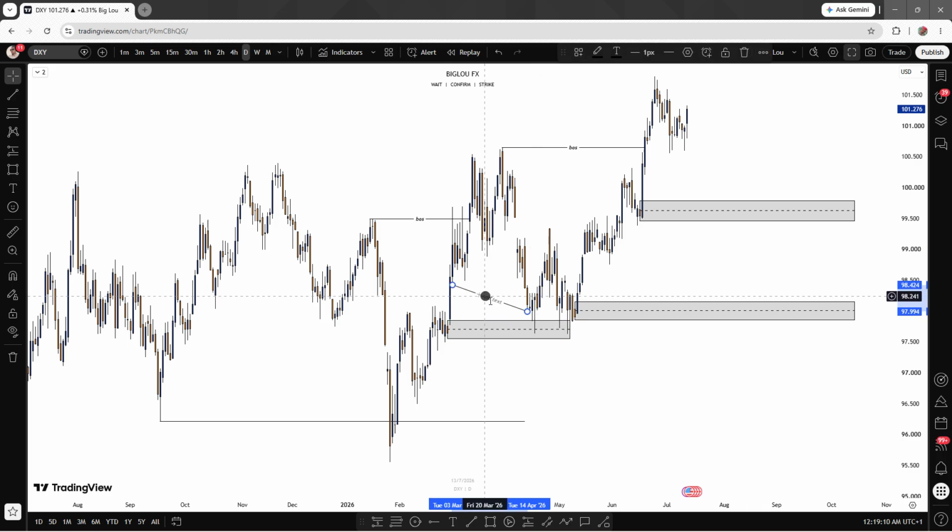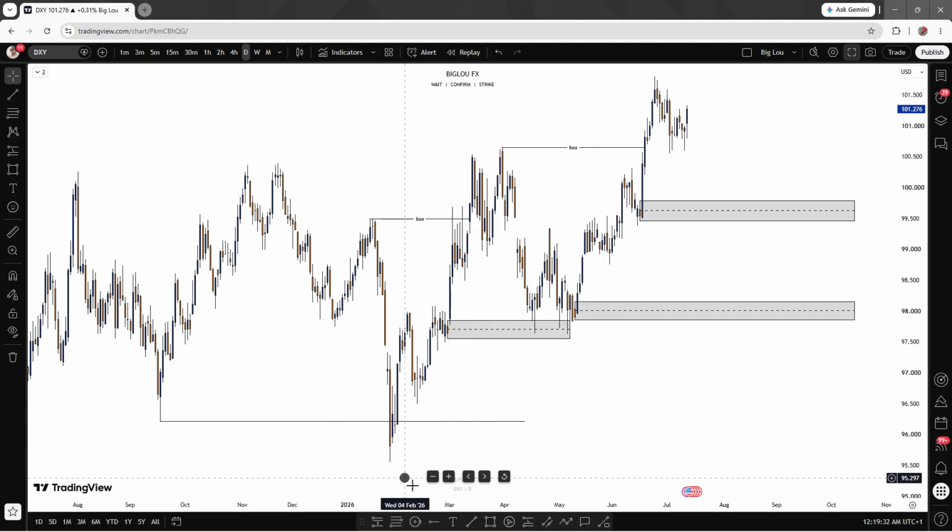So these are the three most important criteria a valid zone must have. And then number four, which is as important as the other three, is that demand levels must be at the discount of the range. A valid demand level must be at the discount of that immediate trading range.